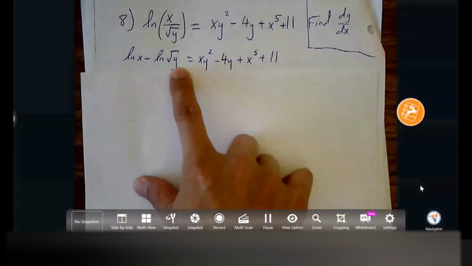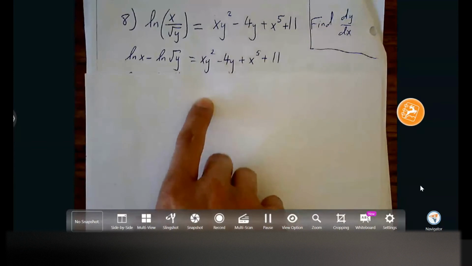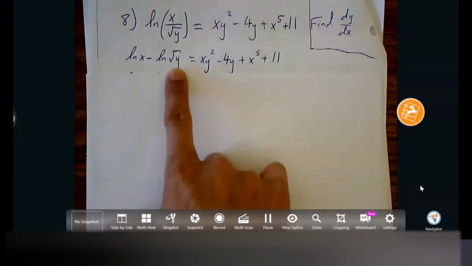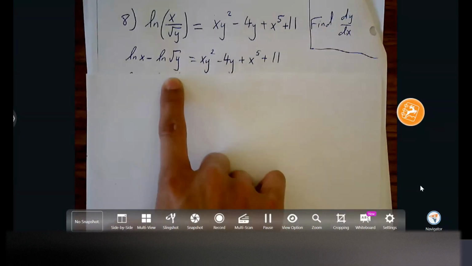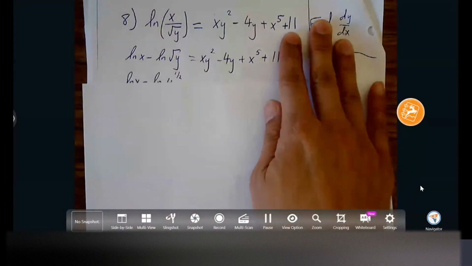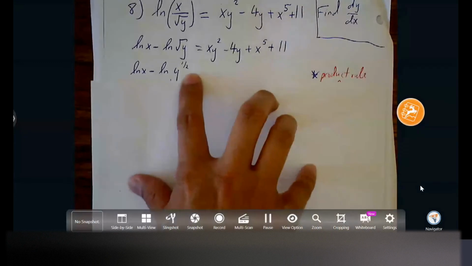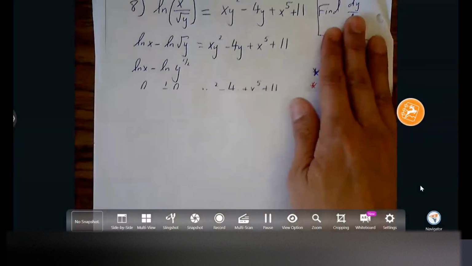Anything else we can do with that square root of y? Would you make it y to the 1/2, like a power? And then what can we do with that 1/2? Bring it out in front of the natural log. Bring it in front. There we go.